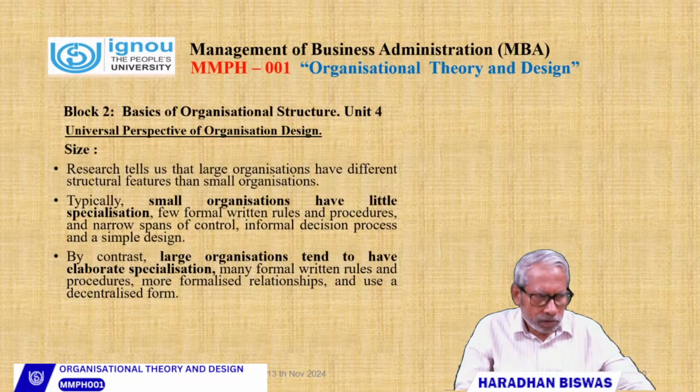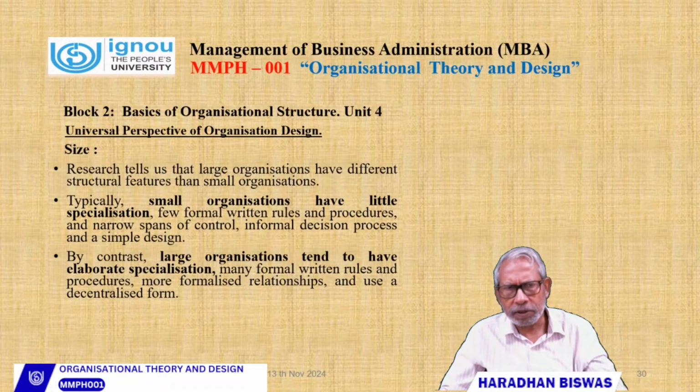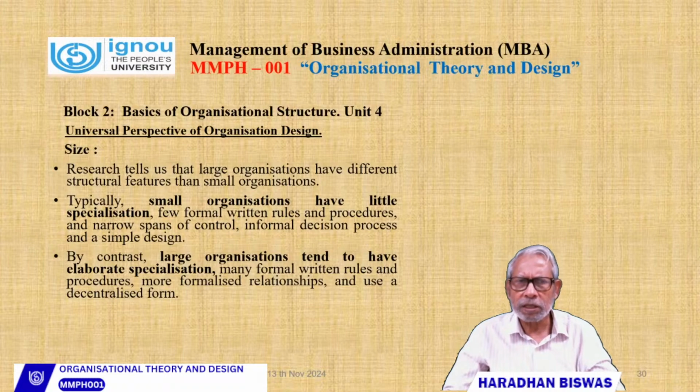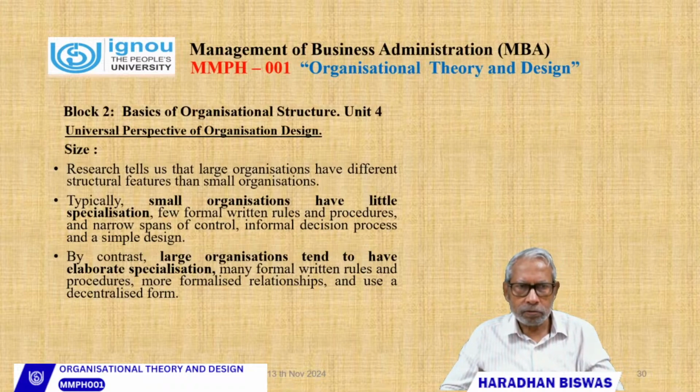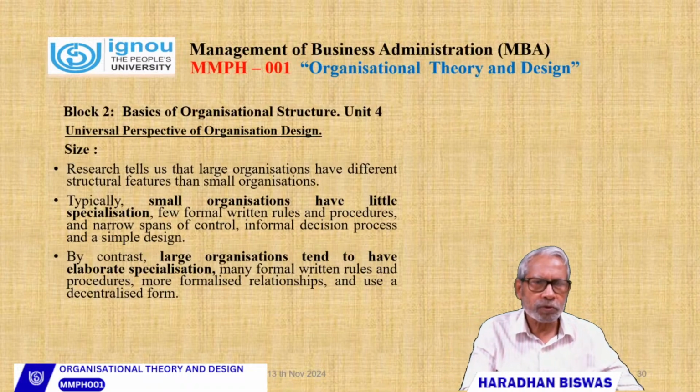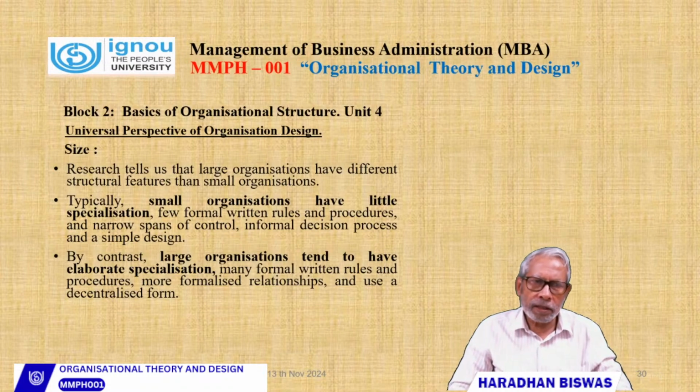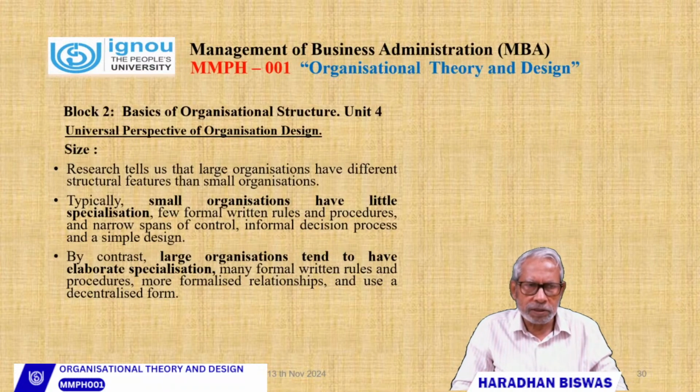Size. The research tells us that large organizations have different structural features than small organizations. Typically, small organizations have little specification, few formal written rules and procedures, a narrow span of control, an informal decision process, and simple designs.